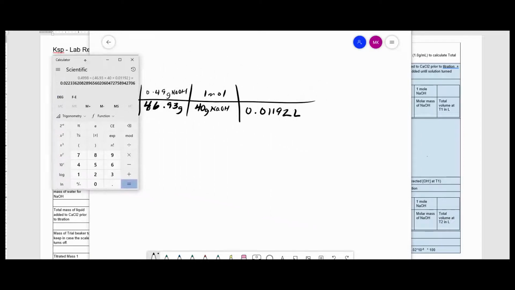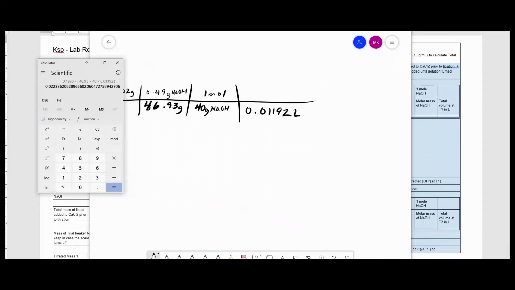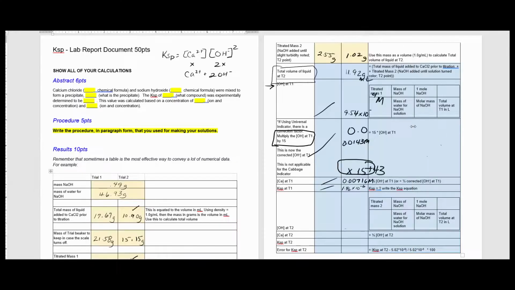So the concentration of my sodium hydroxide is 0.0223. That value goes right here. I forgot my 3. The concentration of the calcium then is half that value, so 0.0117 molar.